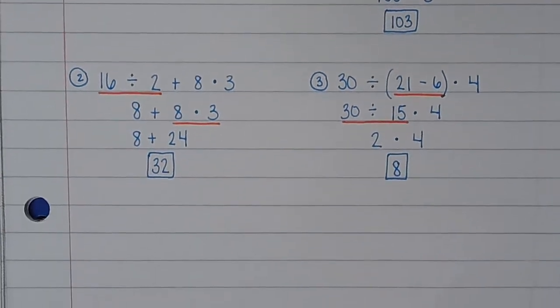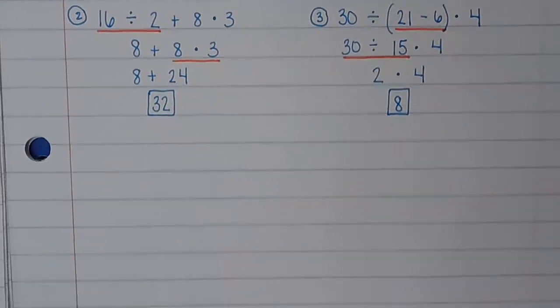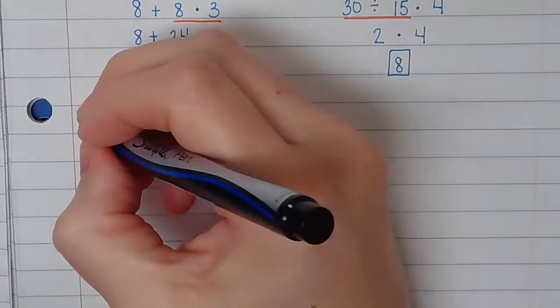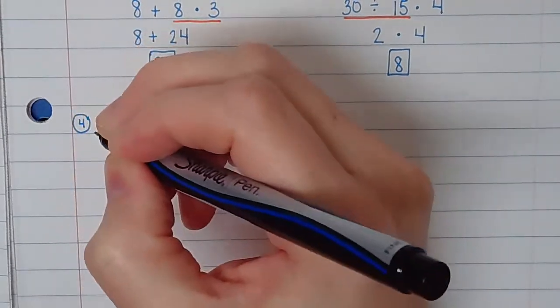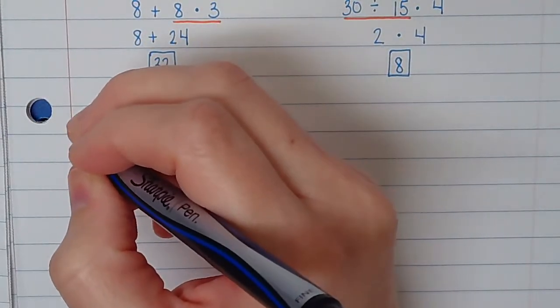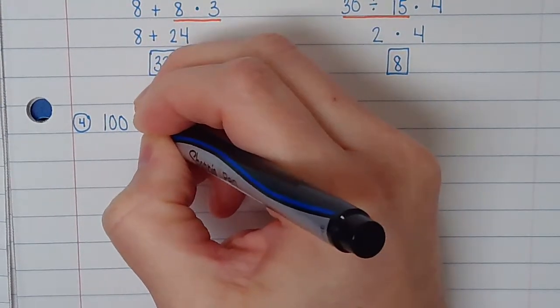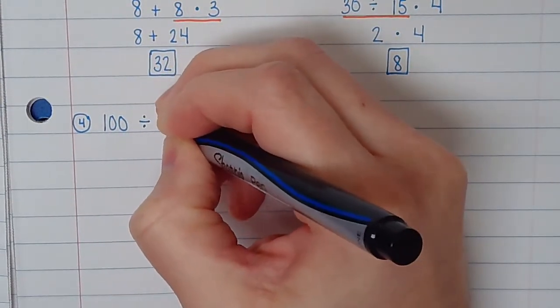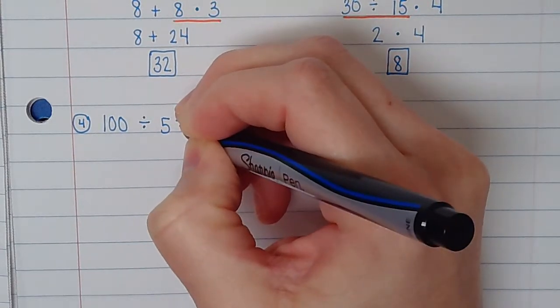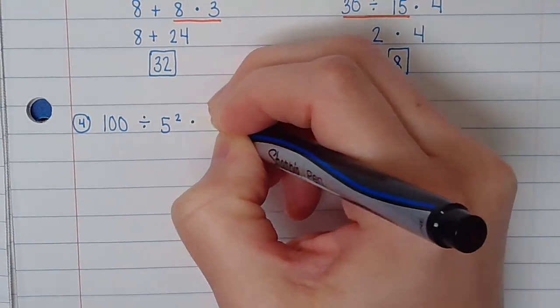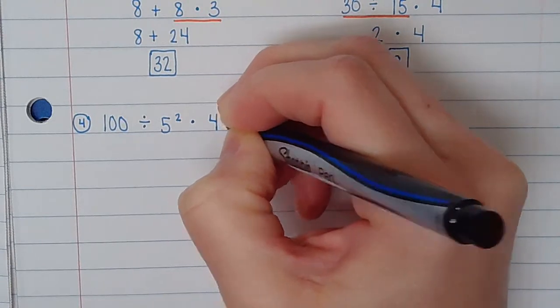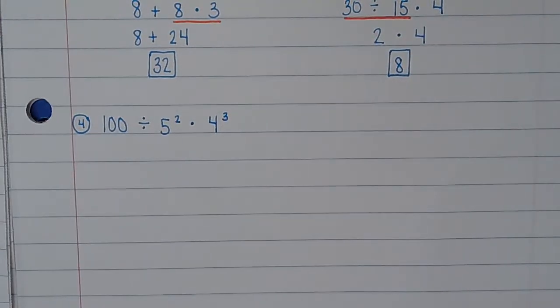All right, keep it moving. Let's see, let's do 100 divided by 5 to the second power times 4 to the third power. All right.